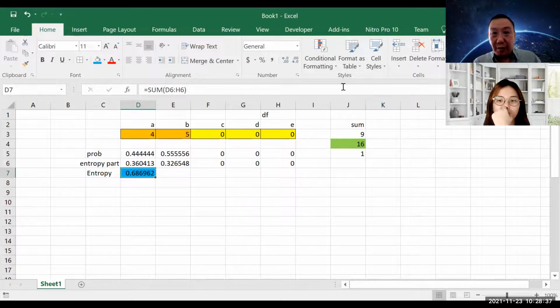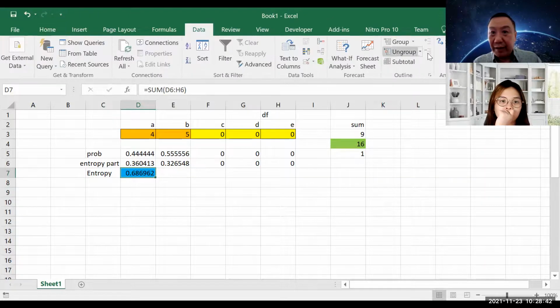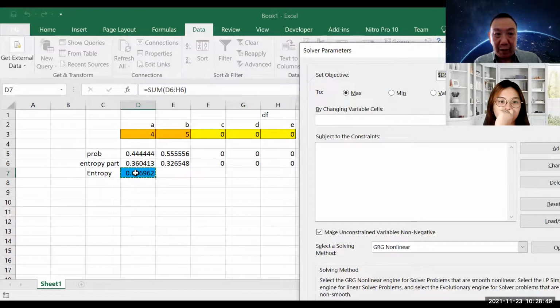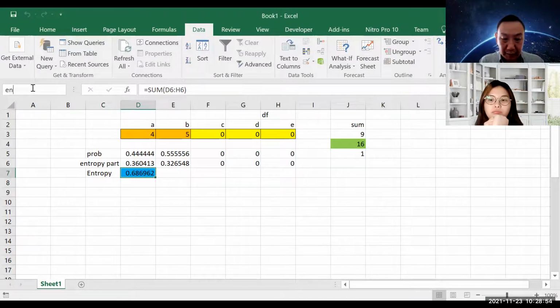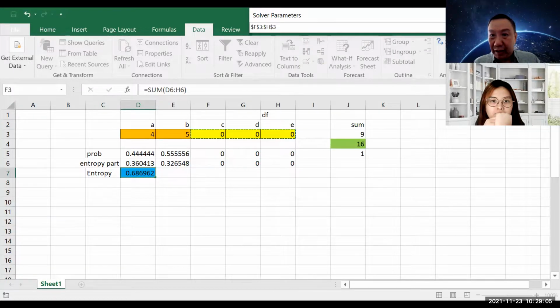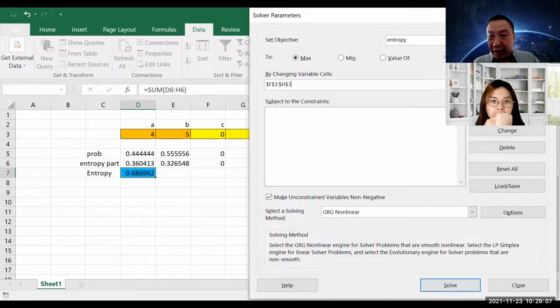So now what you will do is you create a solver. You want to maximize that entropy, so I will name this entropy. Maximize the entropy by changing what cells? These are the 3 cells that we want to change, subject to constraint. What is the constraint that we want?